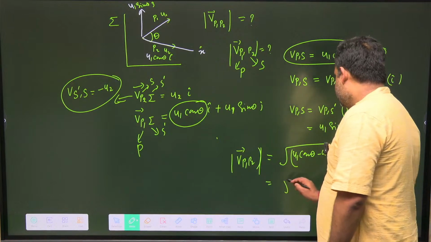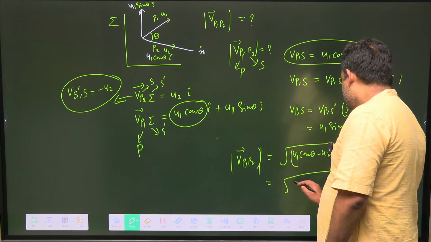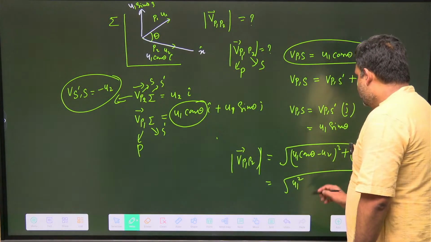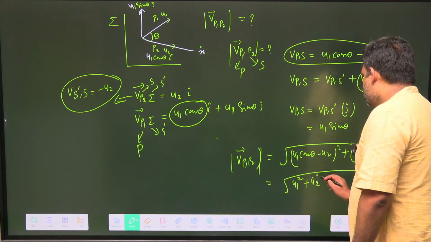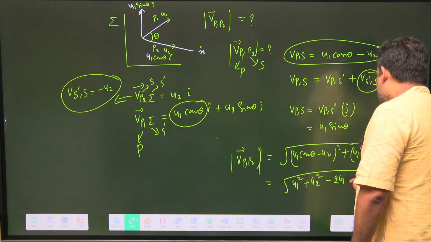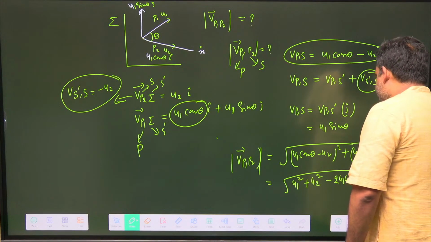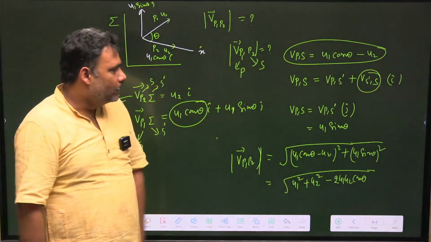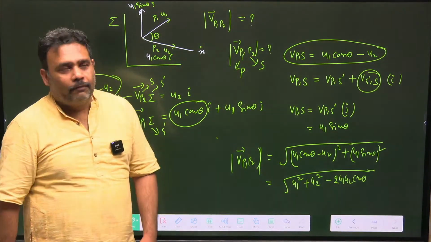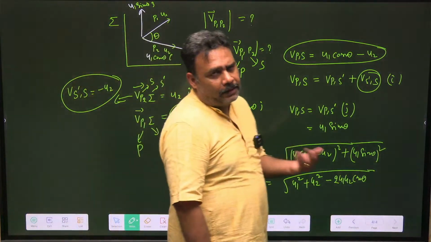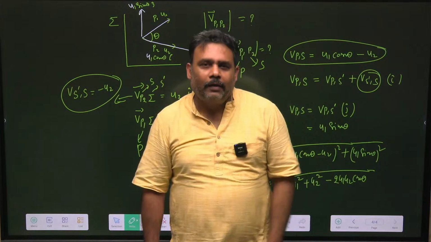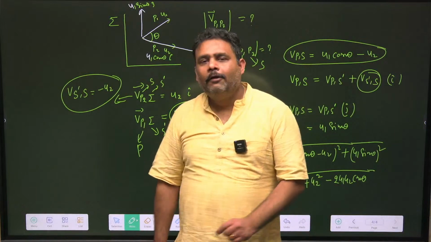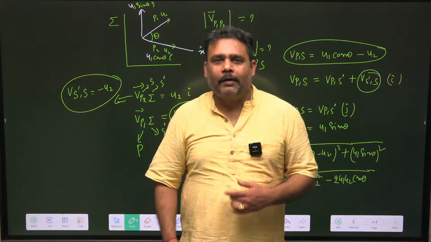You can easily calculate this: U1 cos squared theta plus U1 sin squared theta gives U1 squared, plus U2 squared, minus 2 U1 U2 cos theta. So this will be your magnitude. Students, you can easily use this concept to solve each and every problem by this method. Now you can go to any book and try to solve problems up to IIT JAM level from the inertial frame or relative speed.